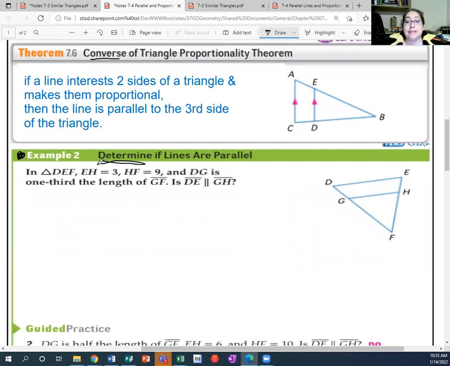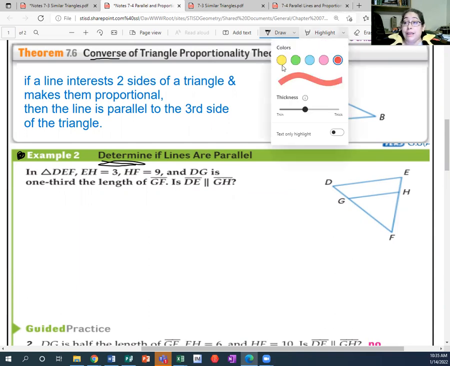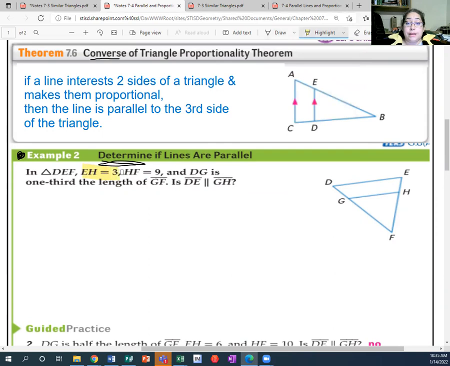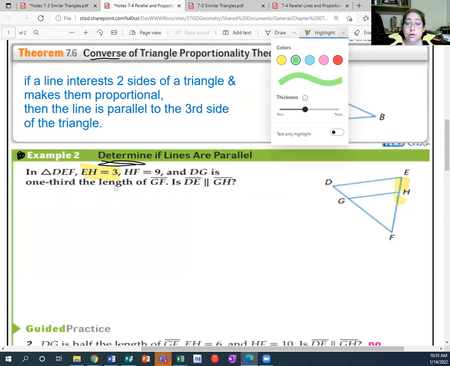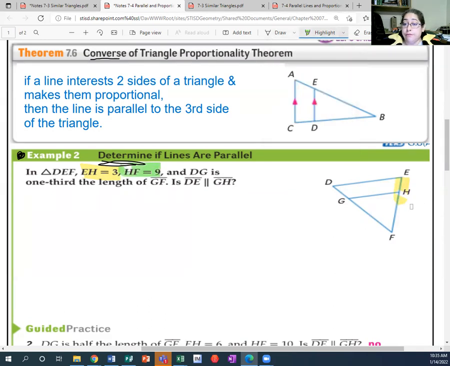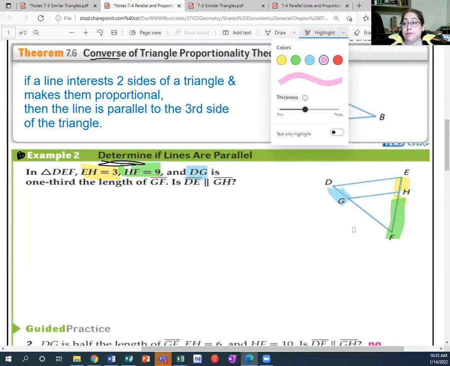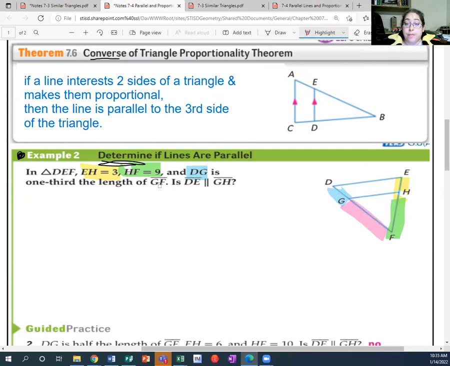Example 2, you're being asked to determine, are these lines parallel? It is not enough for you to say they look parallel, therefore they are. Not strong enough. We have information that we can calculate with. We're given EH, we're given HF, we are given DG, and we need to get some information about GF.